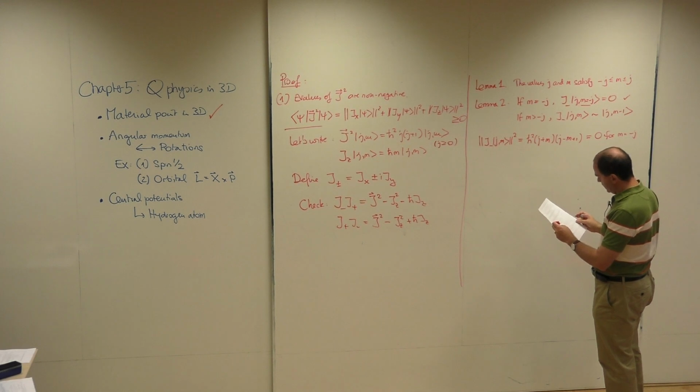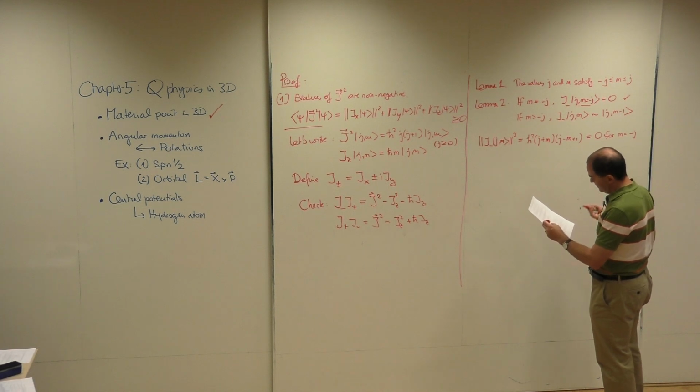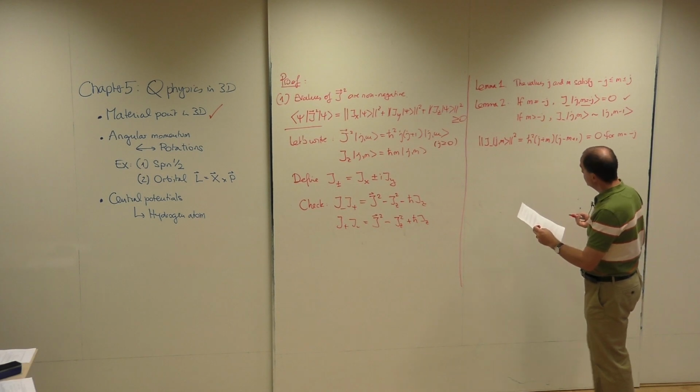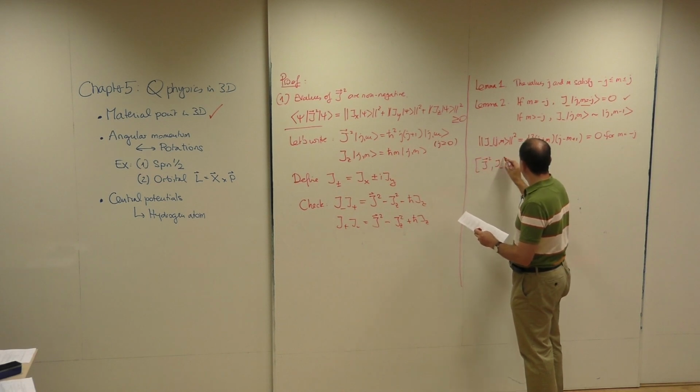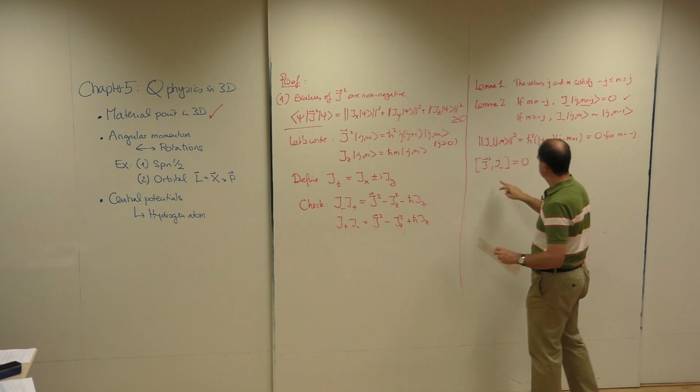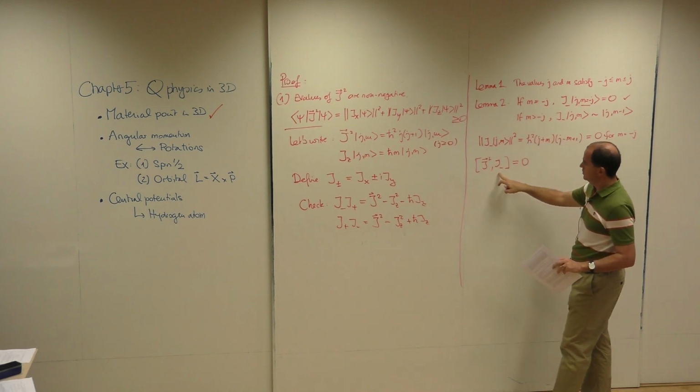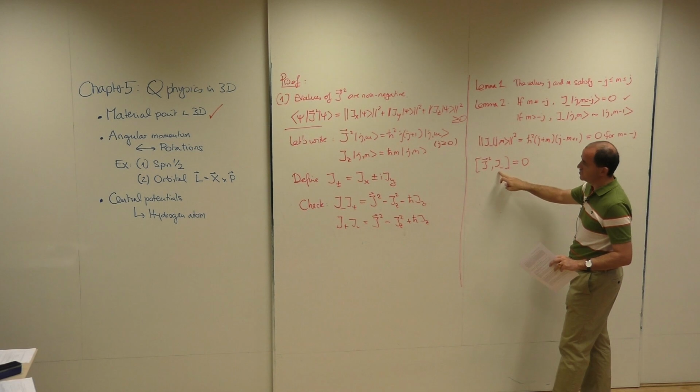And now the other one, you just use the commutator, which is another commutator. j square j minus is equal to 0 because j square commutes with jx and jy.